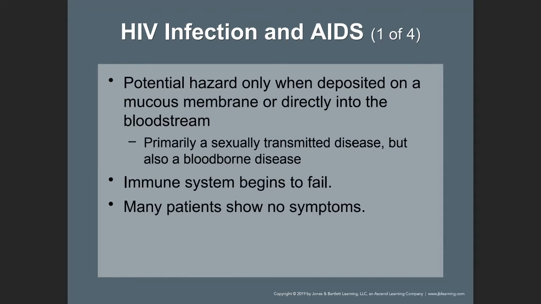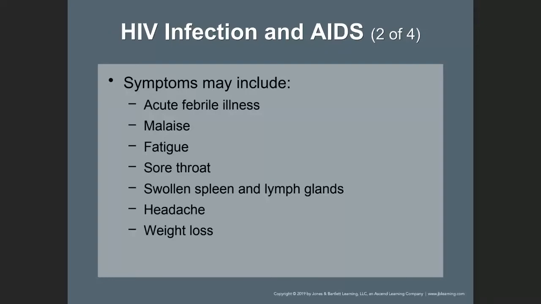The immune system begins to fail when a patient has HIV. Many patients show no symptoms. Now, symptoms may include sudden febrile illness, weakness, fatigue, sore throat, swollen spleen and lymph glands, headache, weight loss.